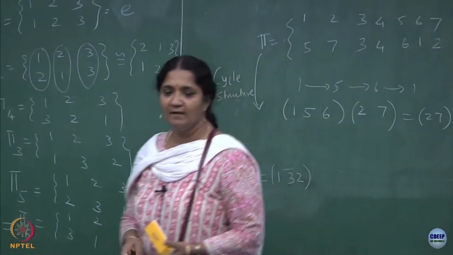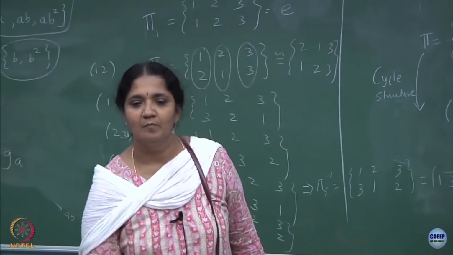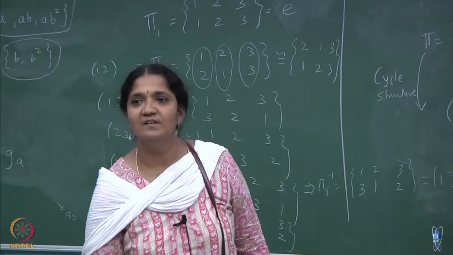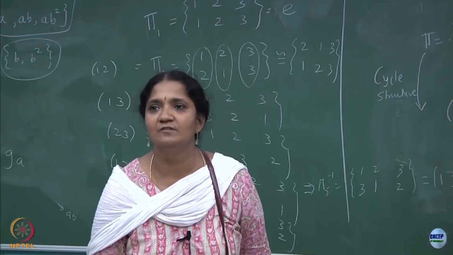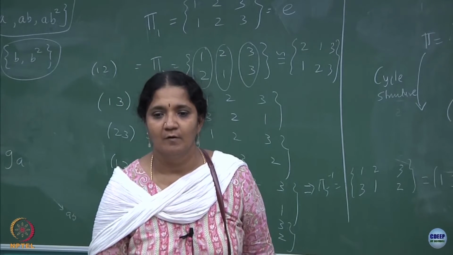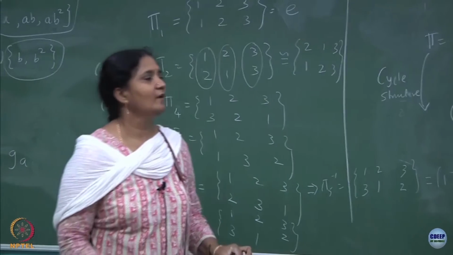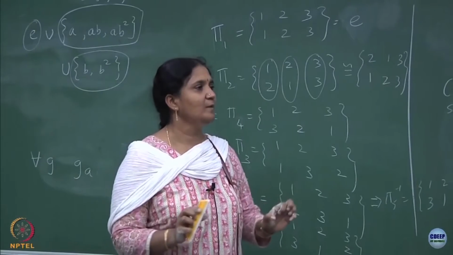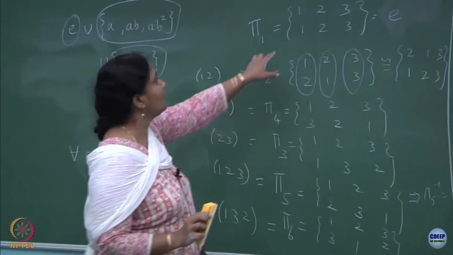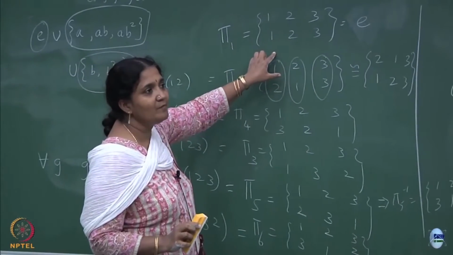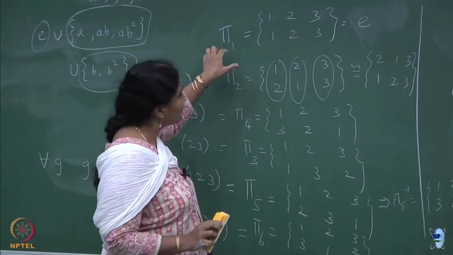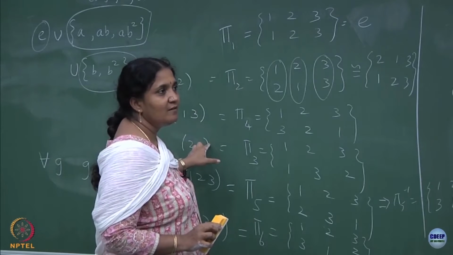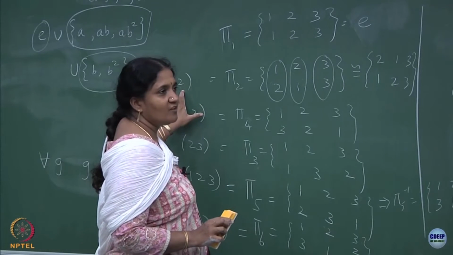So, that is why I said you just do the inverse of the 3 cycle and you will see that pi 5 and pi 6 are inverses of each other. Okay. Is this clear? I have tried to take you on a warm up of how to do group multiplication in the notation of symmetric group elements of this type. I also said you can equivalently write it in the cycle structure fashion. Any 2 cycle is what is called a transposition.